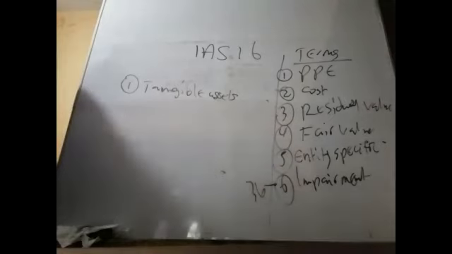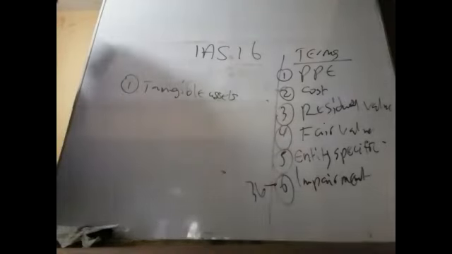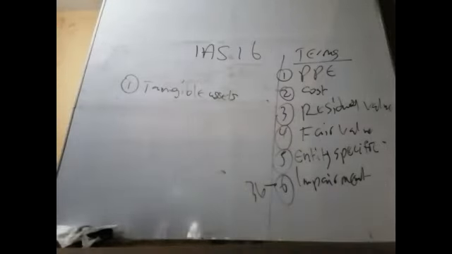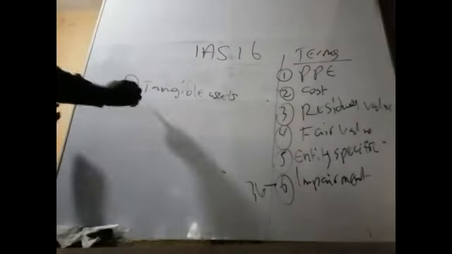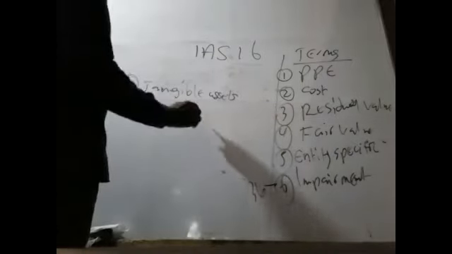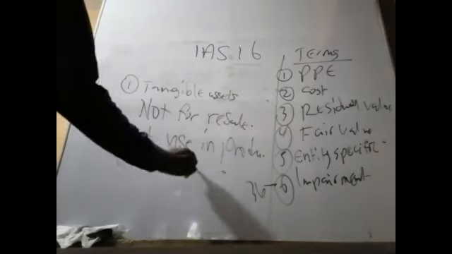So they are tangible assets acquired by an entity with an intention not for sale, not for resale, but for use in production of goods and services, or for rental.